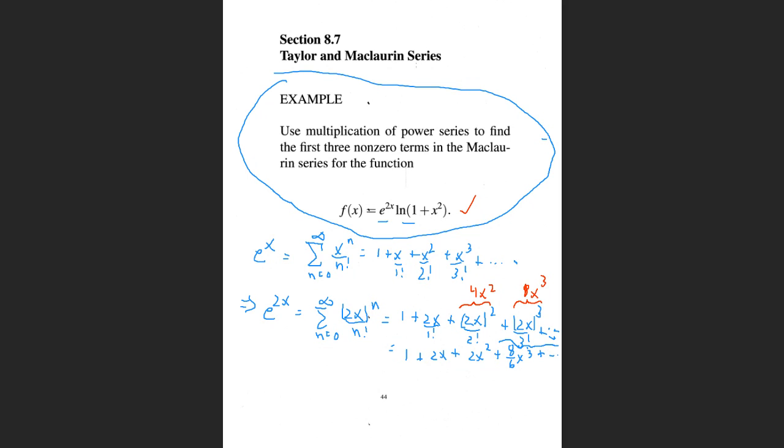So what we can do is, well, we recognize that section 8.7 has a table. It's table 1 in section 8.7. It's a table of Maclaurin series. Now, this table, I have reproduced it, not exactly, but almost.